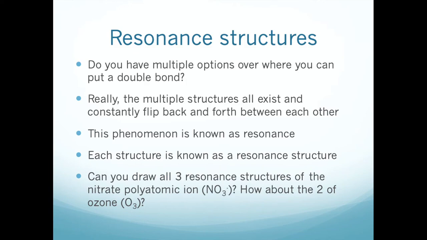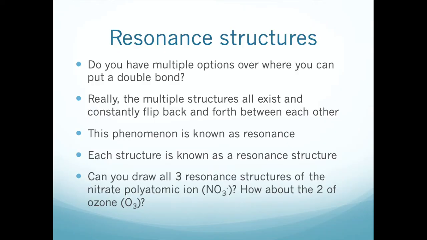Okay. Quick note here about where to put double bonds. You probably noticed we had some choices over which atoms I wanted to pick for erasing lone pairs and putting in a double bond. I chose one way, but I could have easily chosen another.